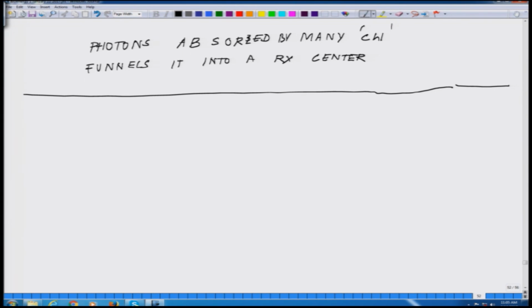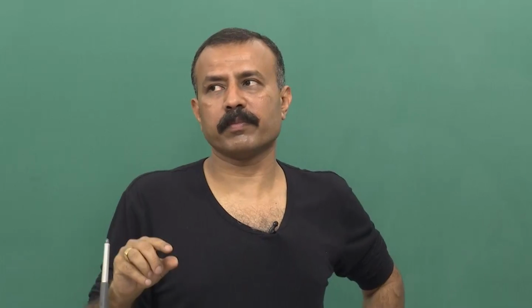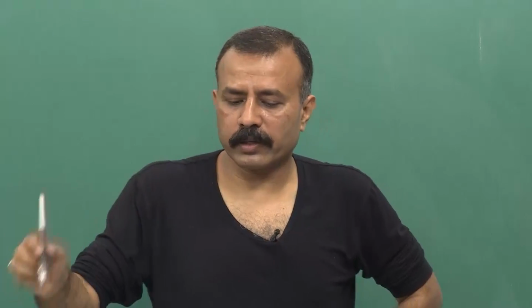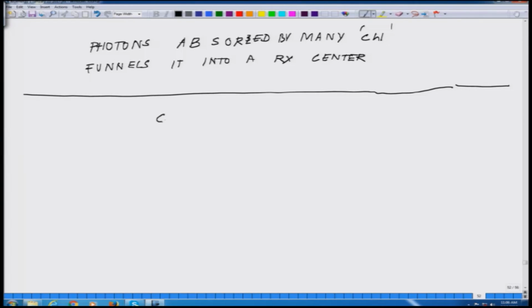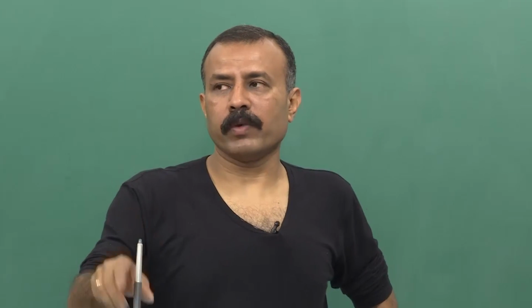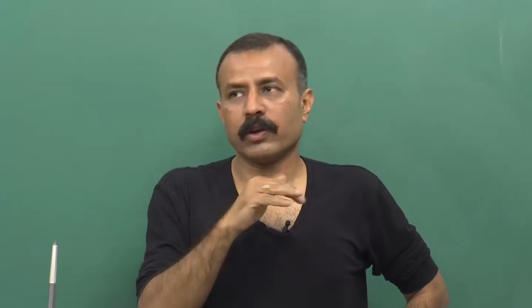Basically, the output of photosynthesis is measured. If you look back at the basic reaction, CO2 plus H2O gives CH2O plus oxygen. So the output is measured by the output of oxygen. If you have a probe by which you can measure the output of oxygen, then you can measure the rate of photosynthesis.